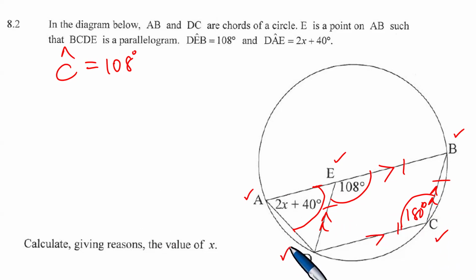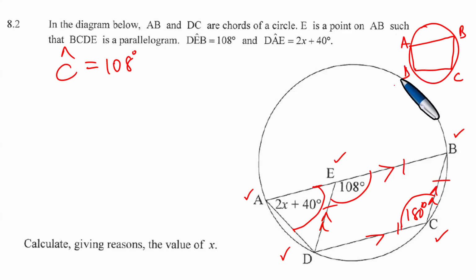Next, we learned at grade 11 that if you have a cyclic quad, then the opposite angles of a cyclic quad are supplementary. If this here is ABCD, it therefore means that angle A plus angle C is 180 degrees.